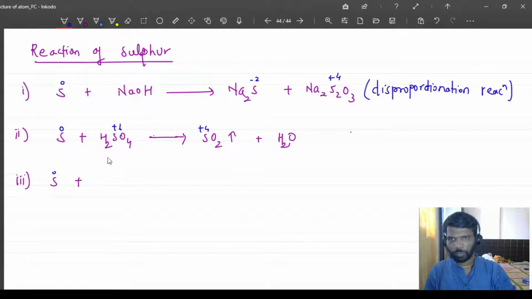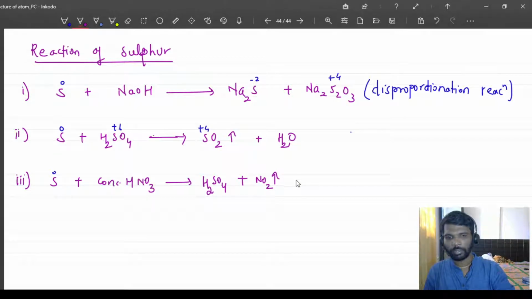So this is an oxidation we can say, and the sulfur is getting reduced. Then concentrated HNO3 will give you H2SO4, NO2 gas, and H2O.